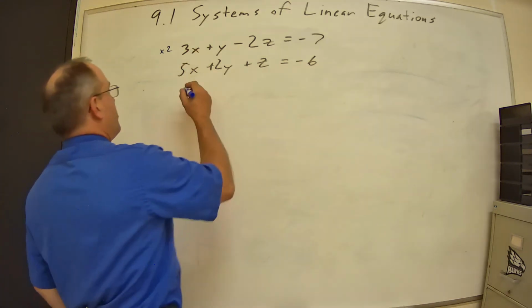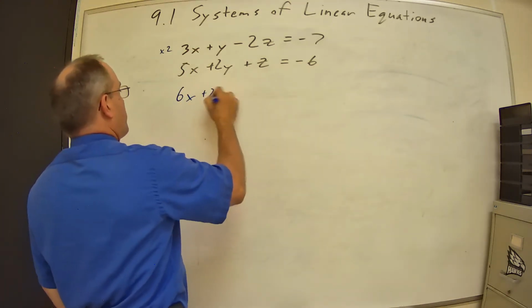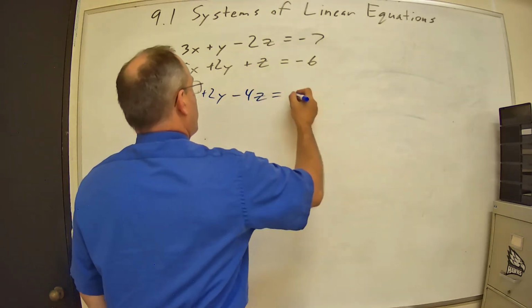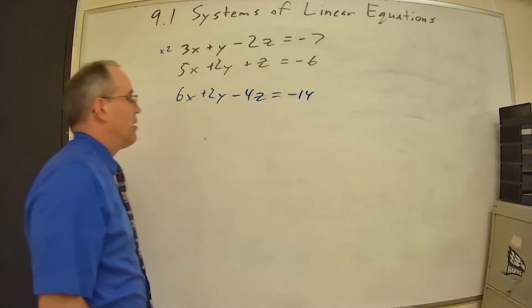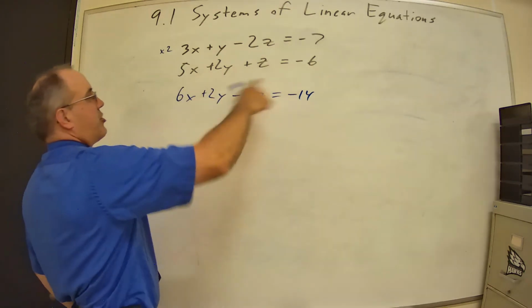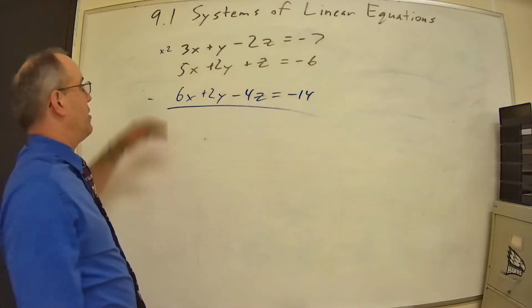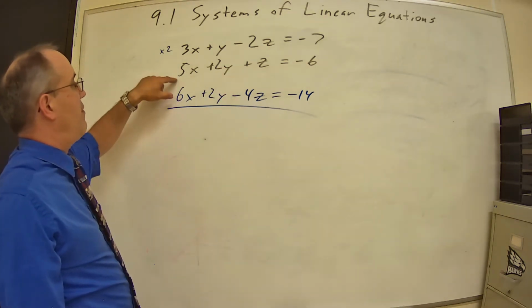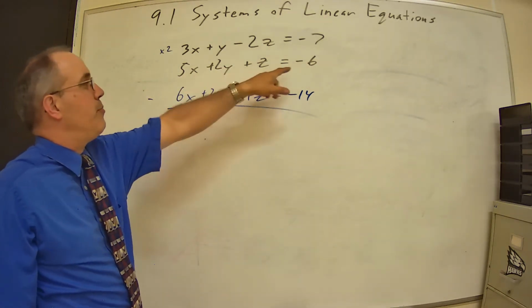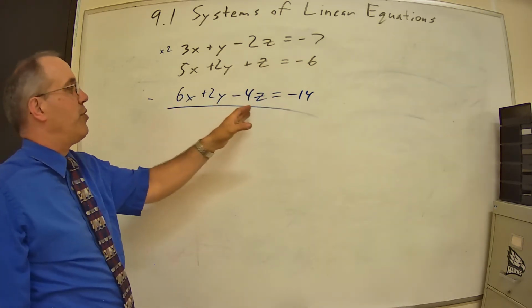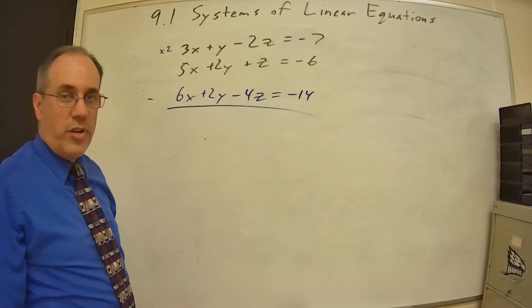So multiplied by 2, I get 6x plus 2y minus 4z is equal to negative 14. See, now I have these two right next to each other, so I'm going to subtract the bottom one from the top one. So 5x plus 2y plus z equals negative 6, minus 6x plus 2y minus 4z equal to negative 14.